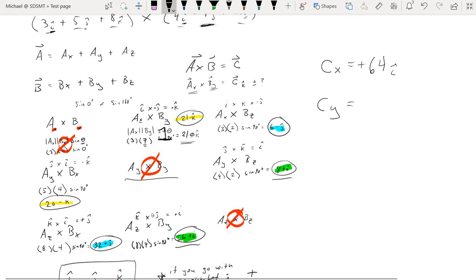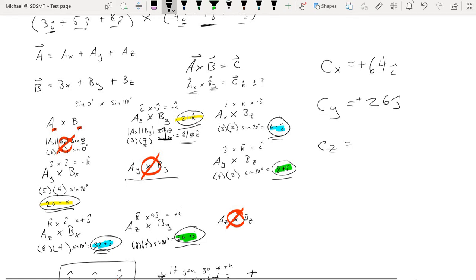Y component of vector c will be the combination of the j hats. We have a positive 32, a negative 6. So 32 minus 6. And what is that going to be? 26. Positive j hat. And the z component will be the combination of the k hats, which are both negative.